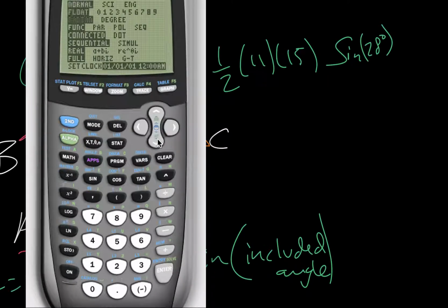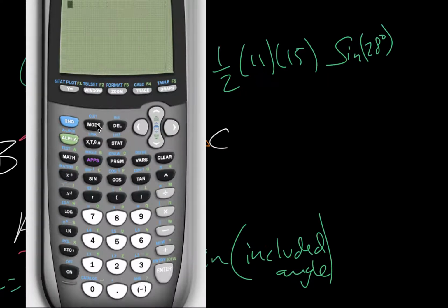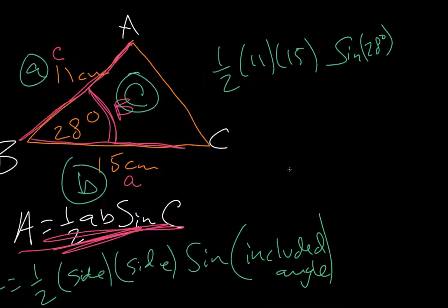So you go to your mode menu, go to degrees, get out of it. Alright, so 0.5 times 11 times 15 times sine of 28. Okay, so for that one we got 38.7. And it was in centimeters, so that'll be centimeters squared.